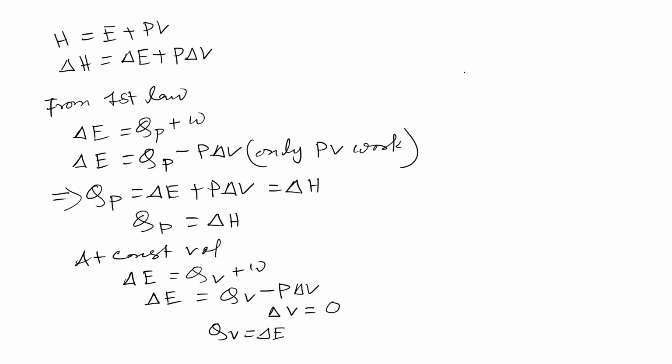So what we have observed is that delta H is equal to delta E plus P delta V at constant pressure.